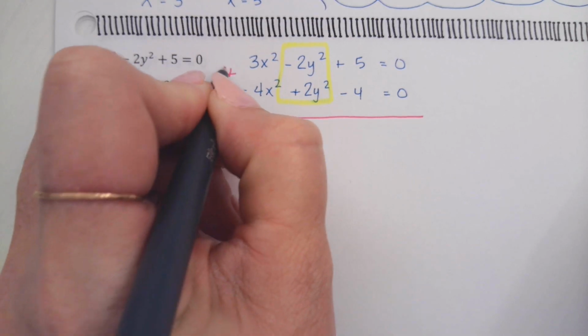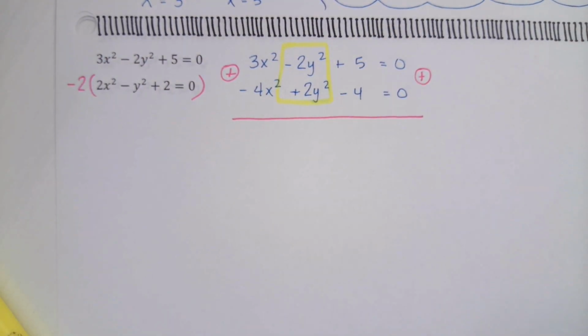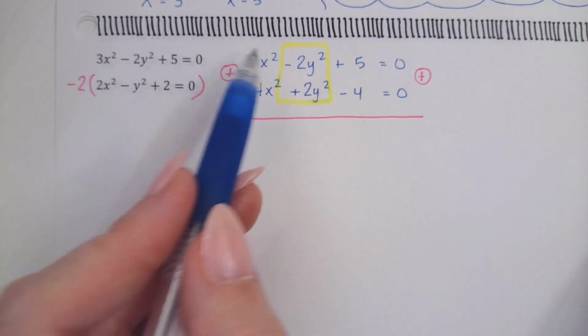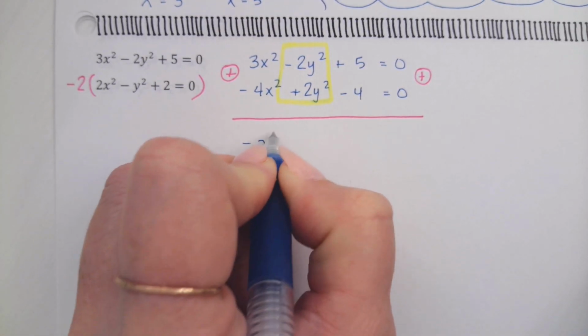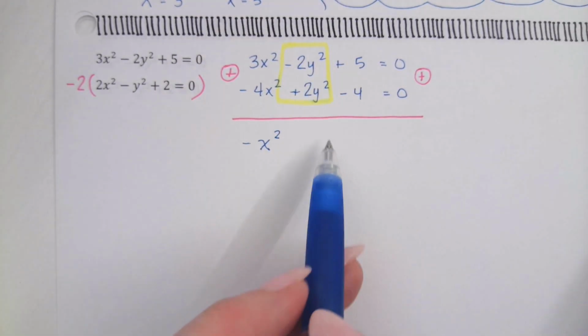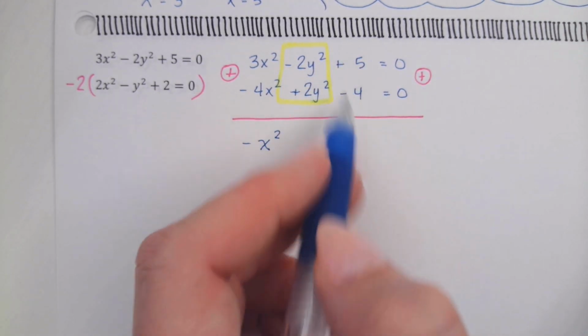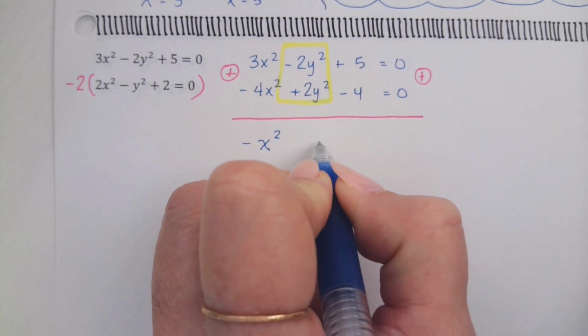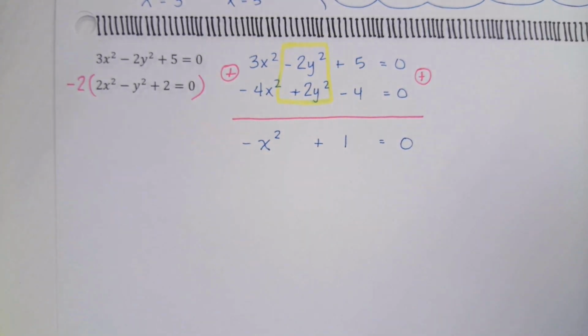This process of adding them together is called elimination. Adding my first column, 3x squared plus negative 4x squared is negative x squared. The second column cancels. The third column, positive 5 plus negative 4 is positive 1. And 0 plus 0 is still 0.